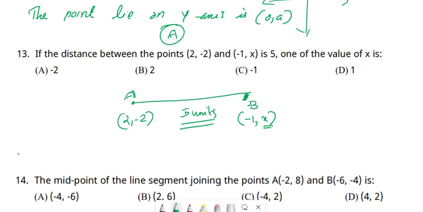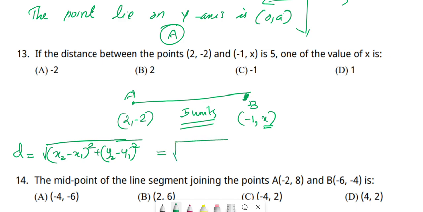You know that the distance formula D equals root of x2 minus x1 the whole square plus y2 minus y1 the whole square. So x2 minus x1 means -1 minus 2, which is -3. Square is 9.